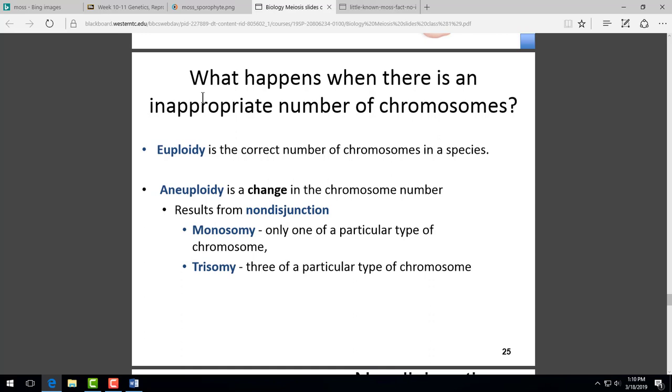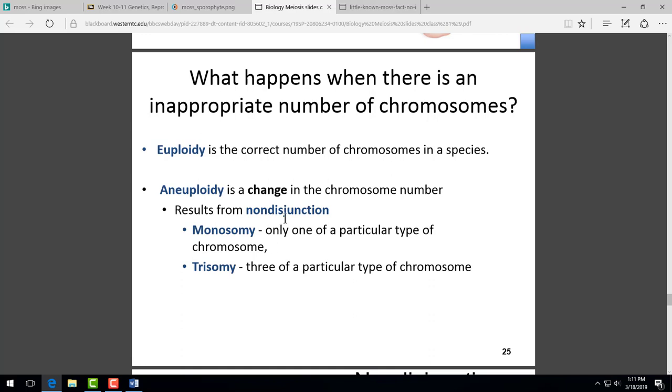So the phenotype changes. If it's just one chromosome that's involved, we call it a monosomy, referring to one chromosome, and trisomy means we have 3 chromosomes. So Down syndrome is a good example of a trisomy. When a person has three chromosomes instead of 2, we're only supposed to have 2 sets, that means there's a problem.